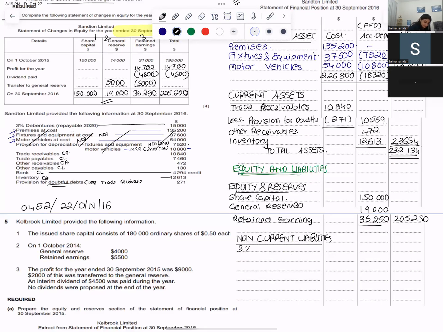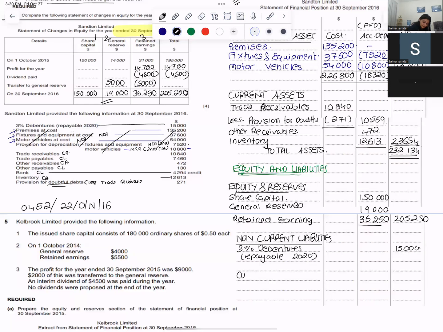They are saying 3% debentures. That means the debentures are payable with interest at 3%. Whether informed or not, you have to incorporate it in the income statement. We are not preparing the income statement. So this is repayable in 2020, and your debentures is 15,000.